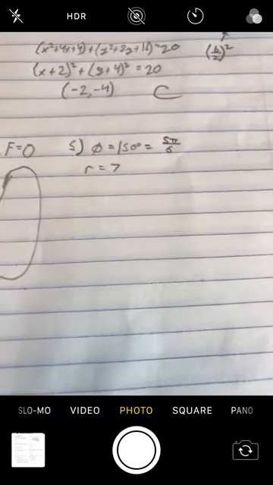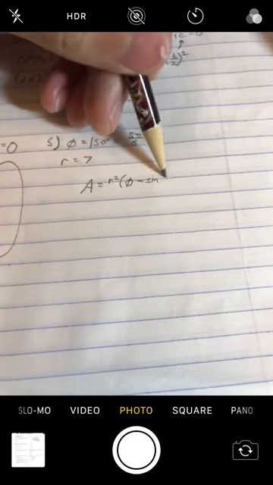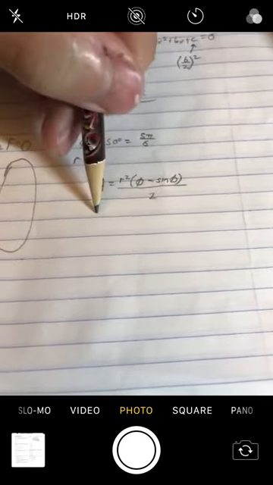Anyway, the area of the circular segment that we're looking for is going to be more akin to this. A is going to equal r squared times phi minus sine phi, divided by 2.